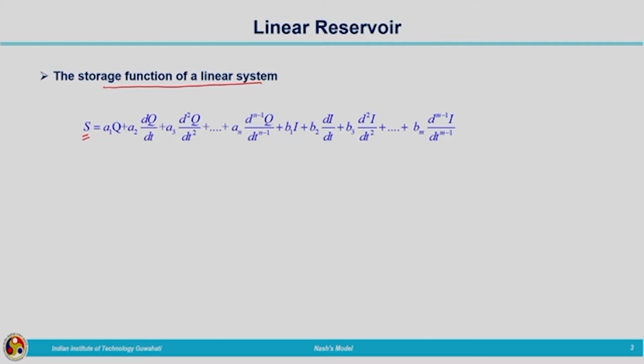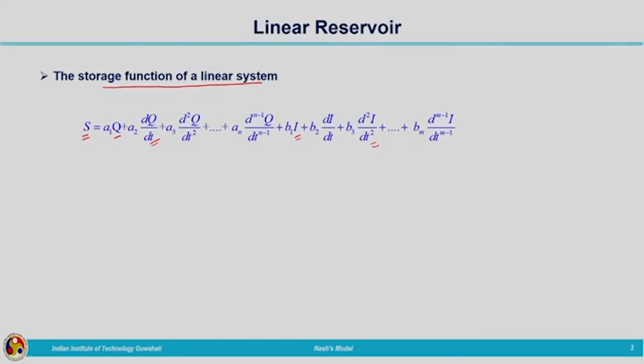Storage is expressed in terms of outflow, derivatives of outflow, inflow and derivatives of inflow. Depending on the characteristics of the system, this storage function will have some of the terms presented over here. For simplifying the equation, we will be neglecting certain terms based on certain assumptions.